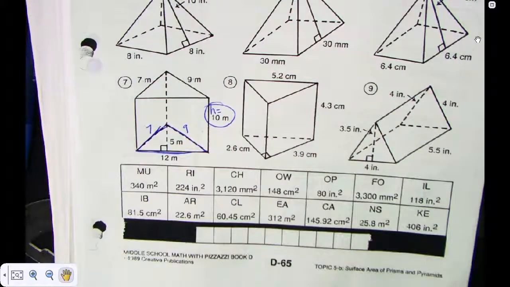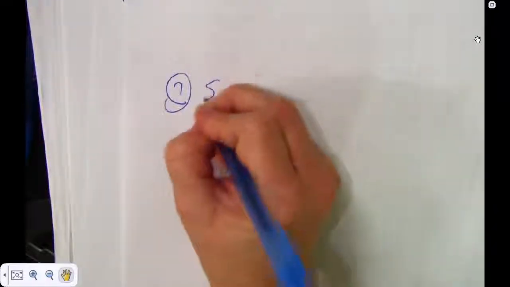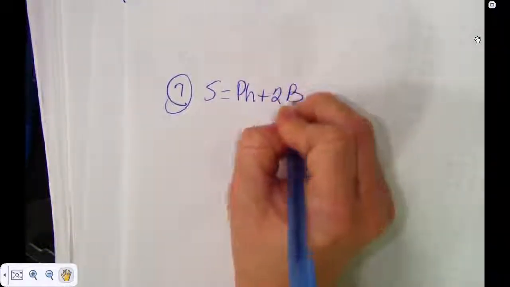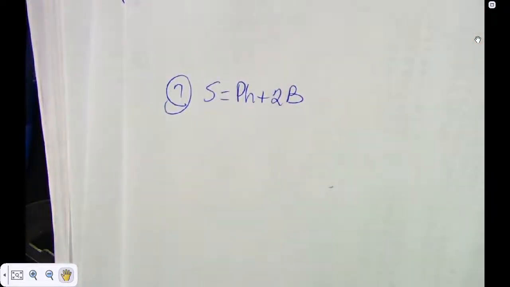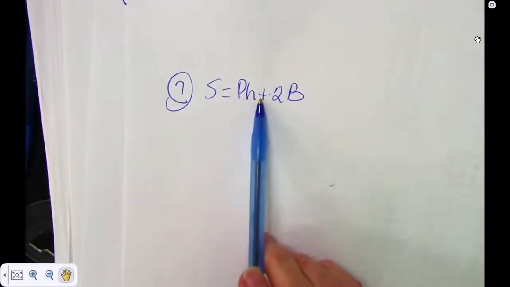Okay? Now look at the triangle. In fact, I tell you what, let me go ahead and do number 7. Let's do 7 together. David, are you on number 7 with us? Okay, look at 7. This is how we get the total surface area of a prism.